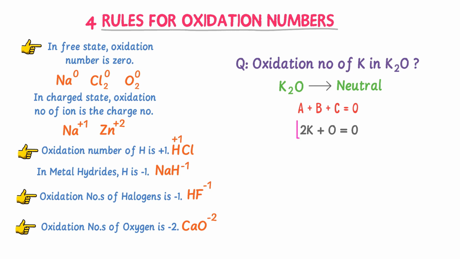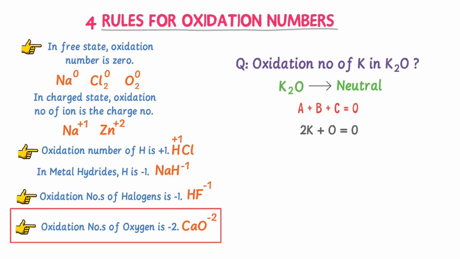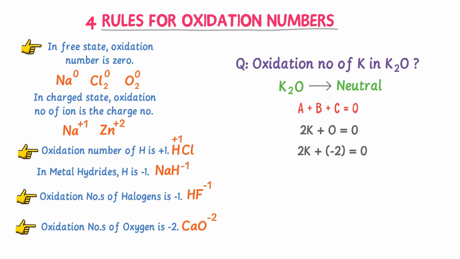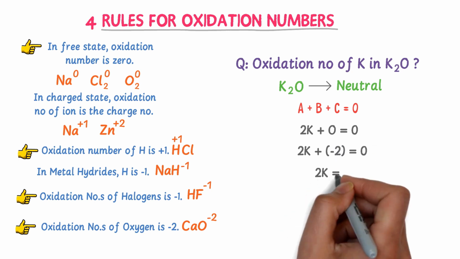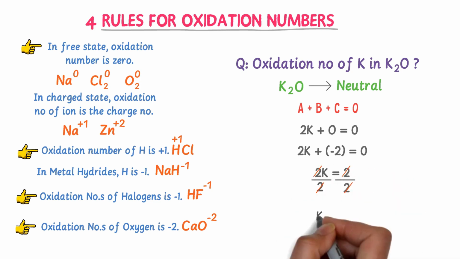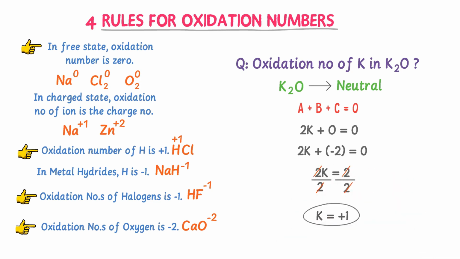Here I write 2K because there are 2 atoms of potassium and 1 atom of oxygen present in potassium oxide. The oxidation number of oxygen is -2 in its compound, so 2K plus -2 is equal to 0. Our 2K is equal to 2. Dividing both sides by 2, we get K is equal to +1.